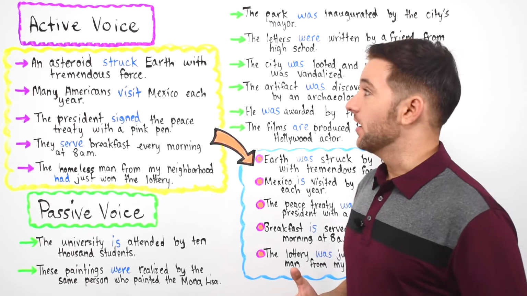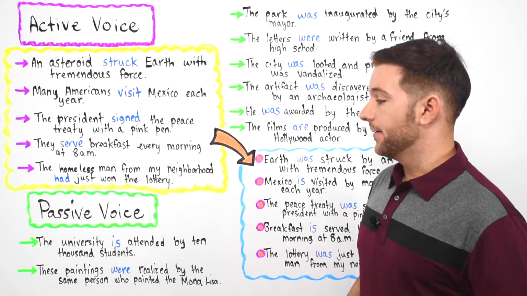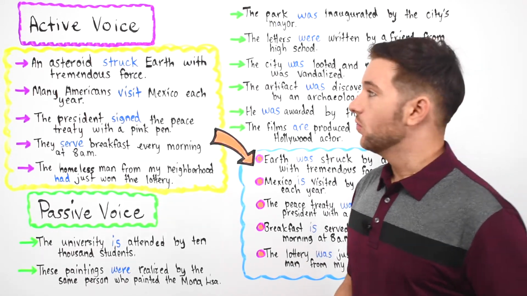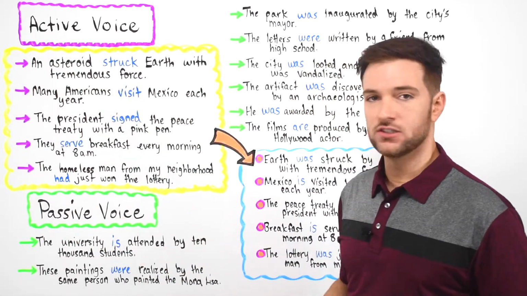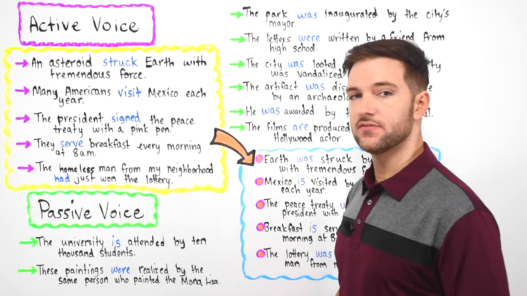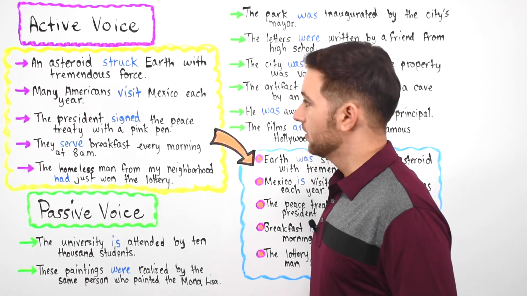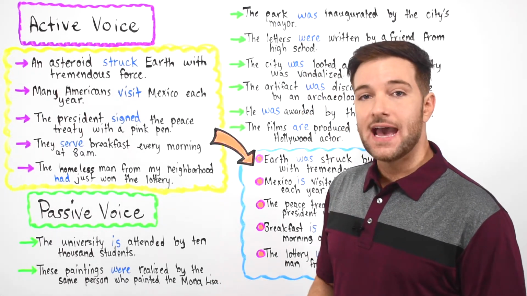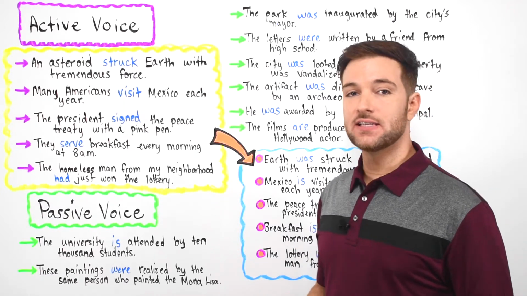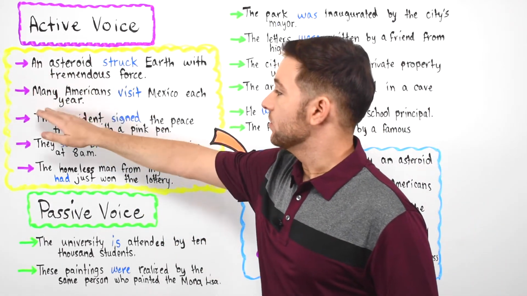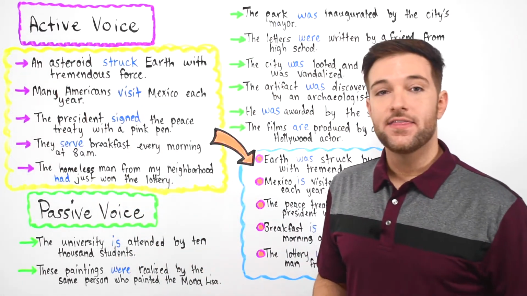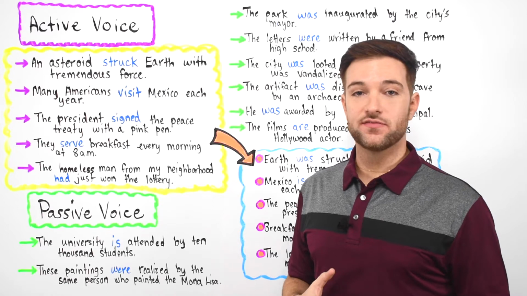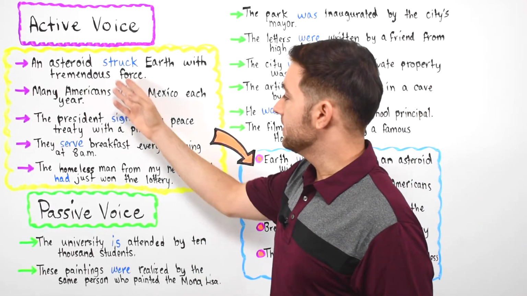Now, grammatically speaking, can you please tell me what is the difference between the active voice and the passive voice? Do you know? What is the difference? All right, well, the active voice is when a sentence has a subject, okay, which is found usually in the beginning of a sentence, that basically acts upon its verb, okay, which is right here in blue.